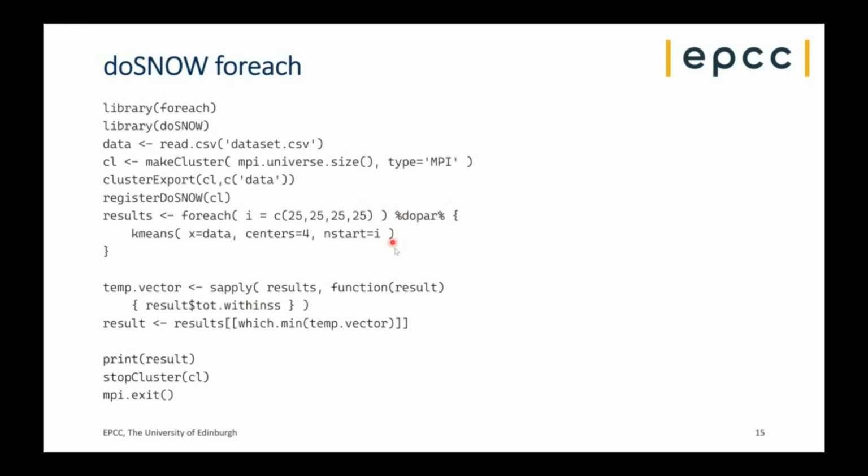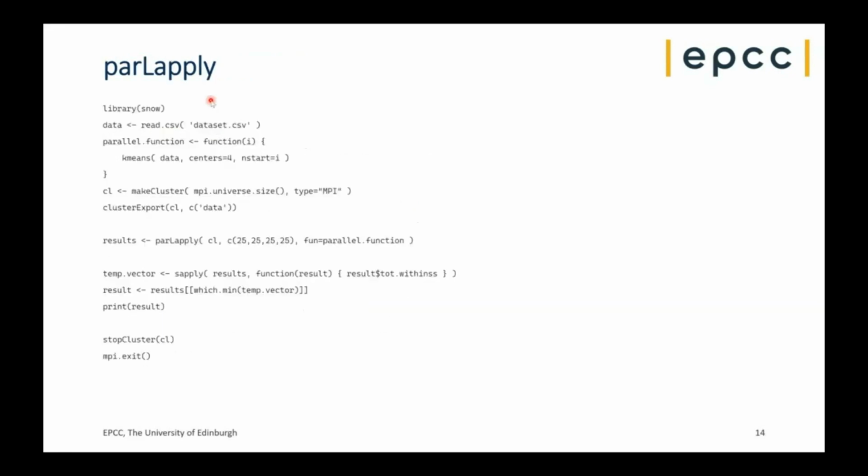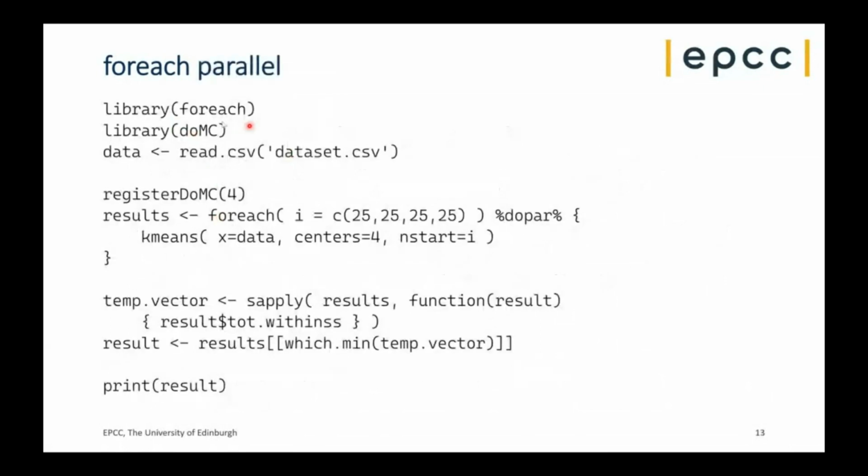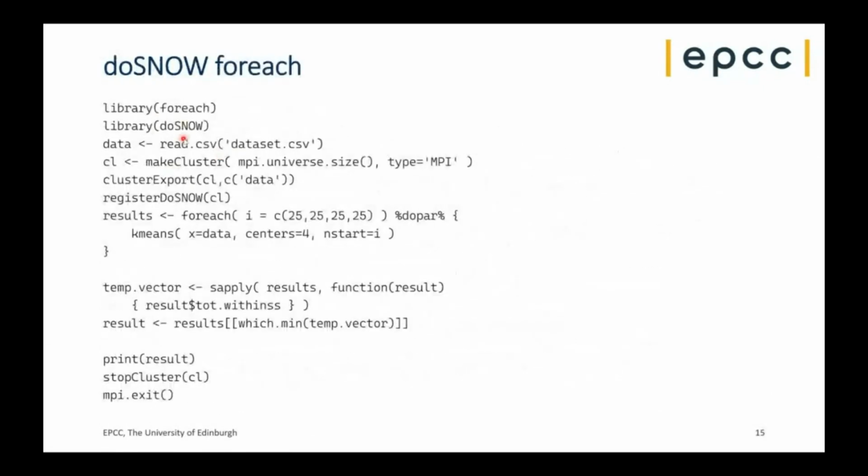We had doPar before, when we were just using the foreach library for doPar or doMC. We can also use doSNOW to do the same thing across a cluster. So we can now split up this loop, we've exported our data, and we can run that across the cluster as well.